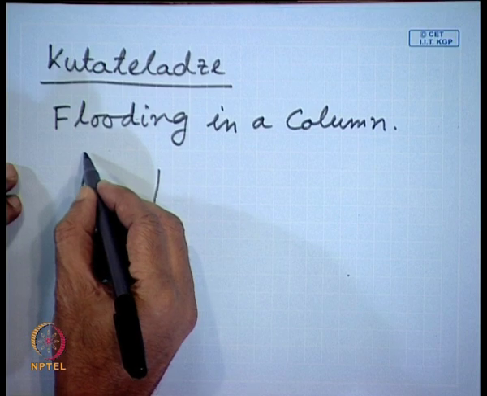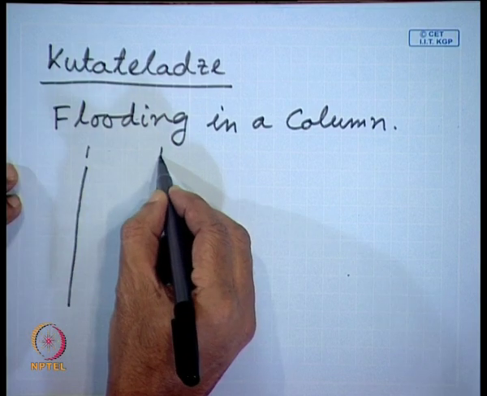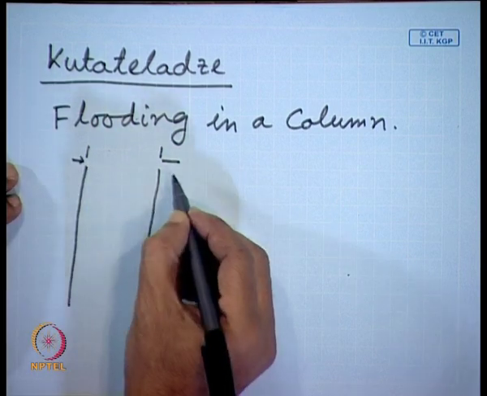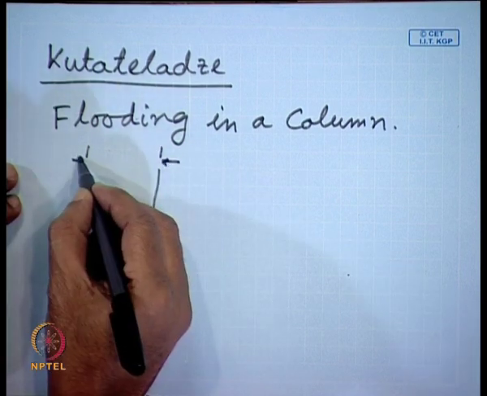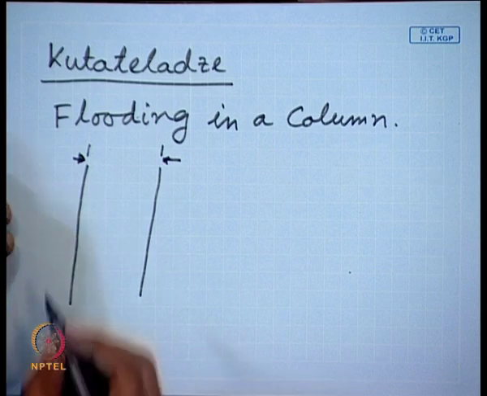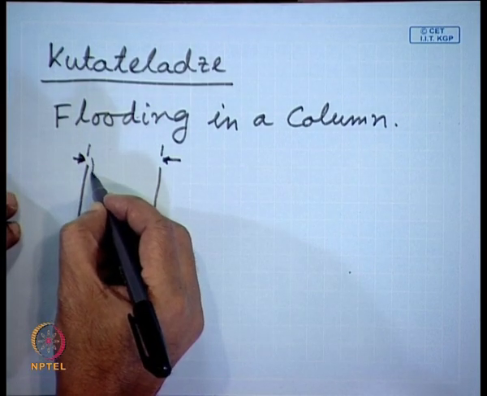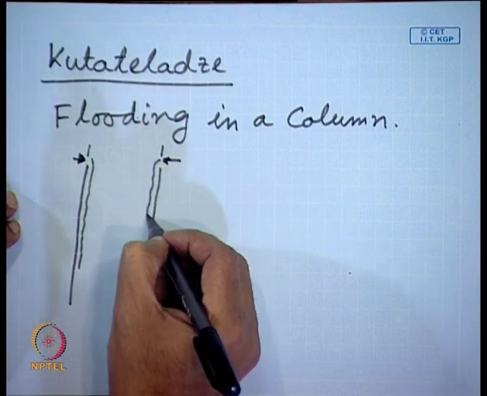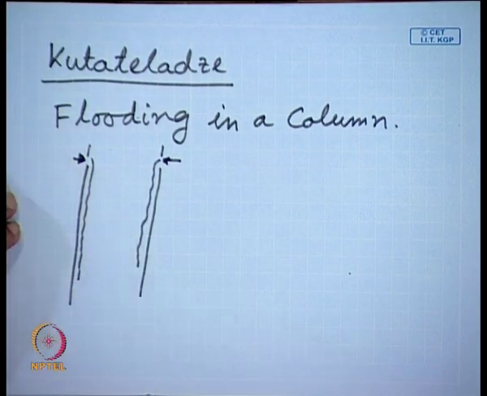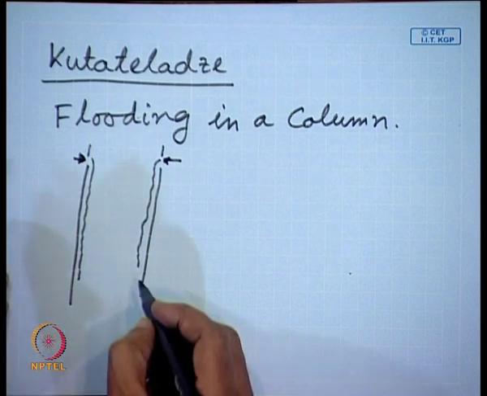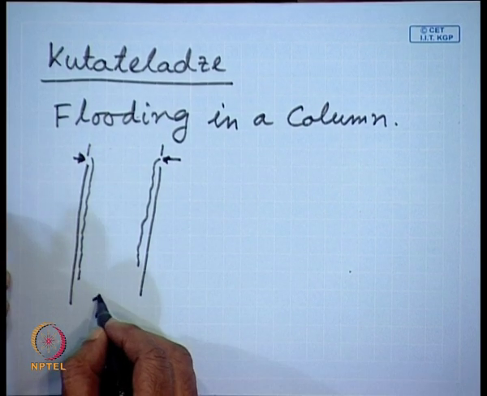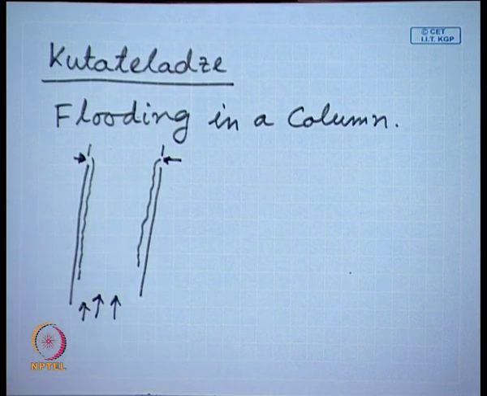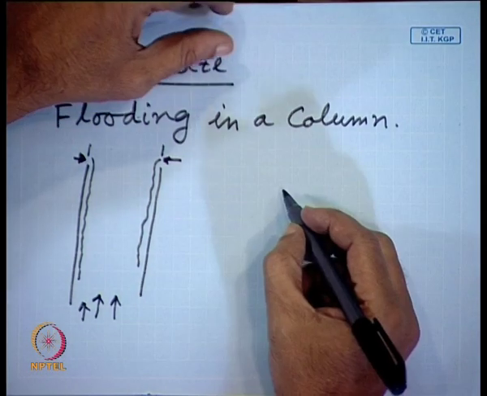So, in this tube we have got liquid injection from the side. So, liquid will fall over the wall, liquid will fall like this, and then from the bottom you are supplying a gas. So, the gas will move in the upward direction.